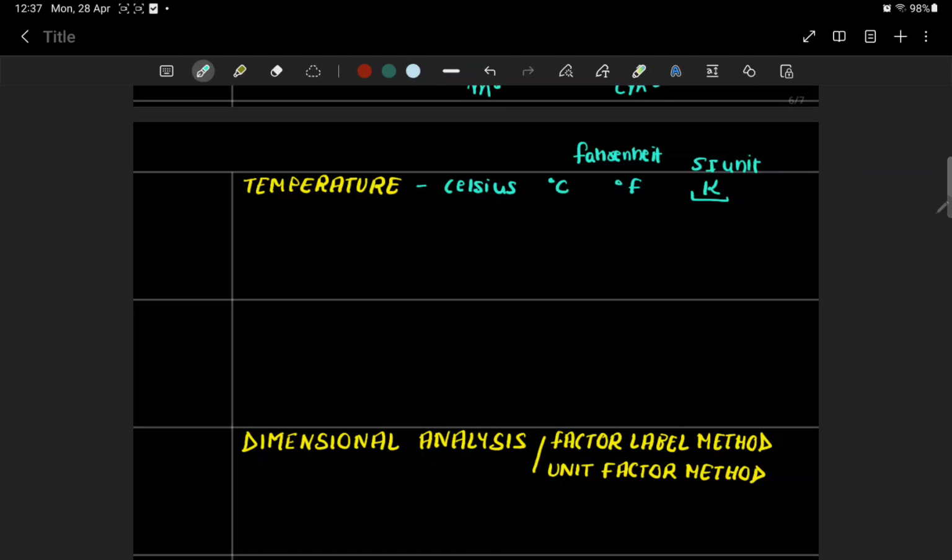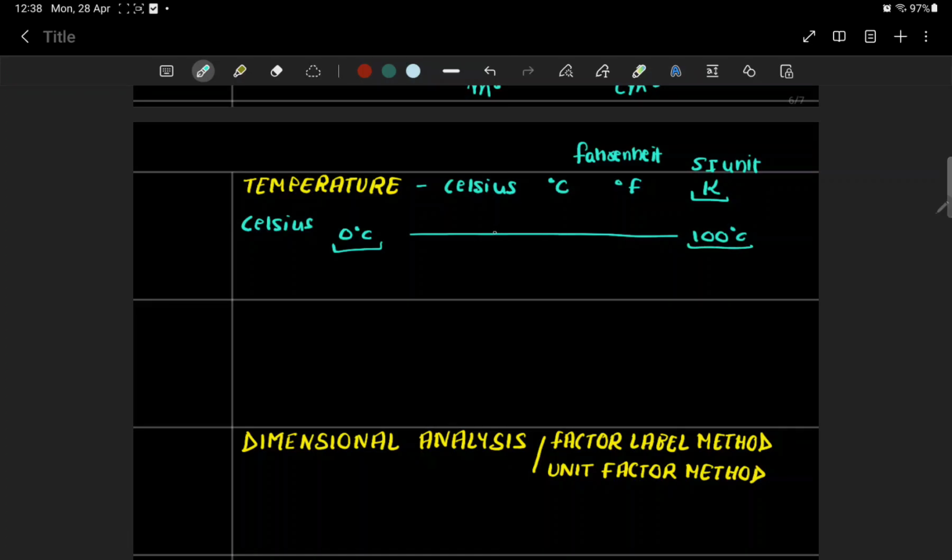If you look at the scale of Celsius, it's from 0 degree Celsius to 100 degree Celsius. 0 degree Celsius is the freezing point of water, and 100 degree Celsius is the boiling point of water.